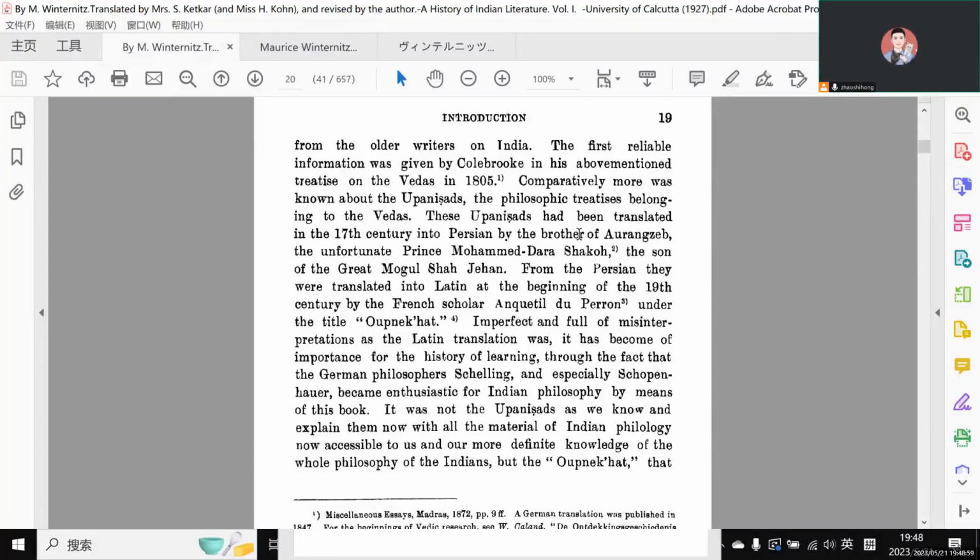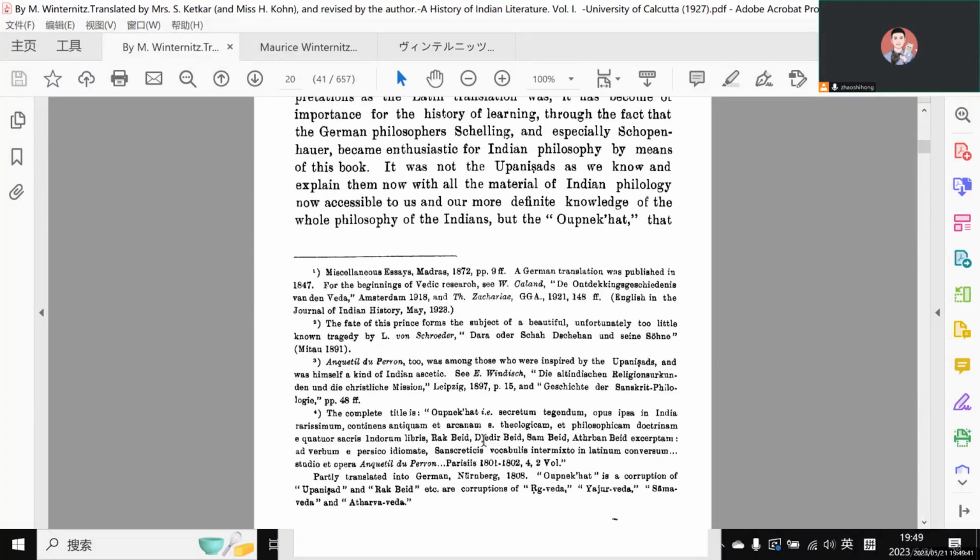But we should also be aware that some Indian literature was first translated and introduced to Persian readers. For example, some Upanishads were first translated into Persian, and the name was also changed, from Upanishad to Oupnekhat.